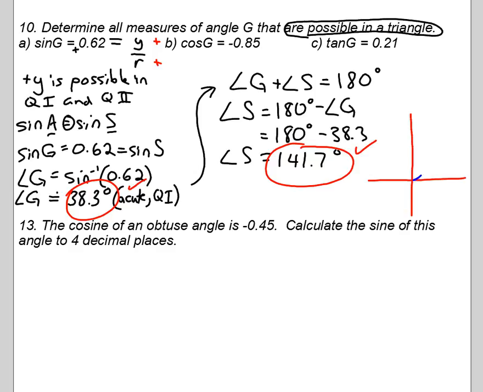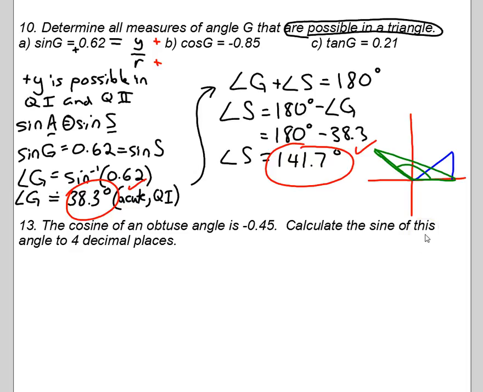Here's your 38 degree angle. There's a triangle. Let's draw 141.7 degree angle. There it is. There's a triangle.